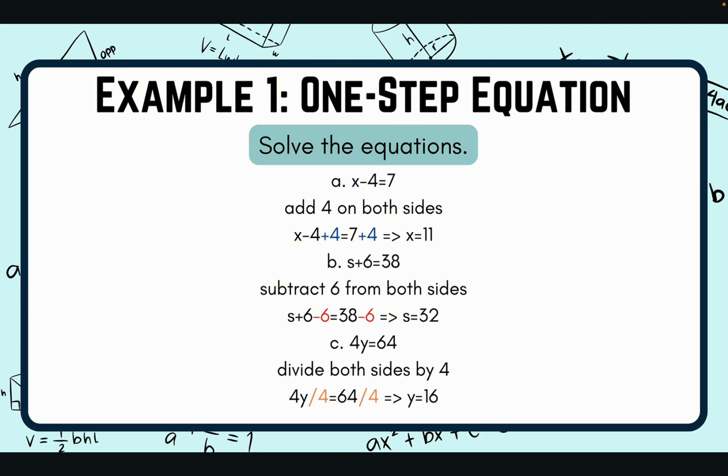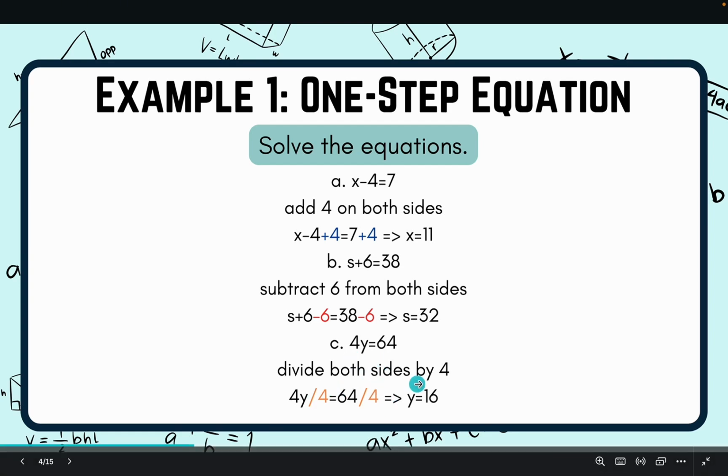So if it's subtraction, you use addition. If it's addition, you use subtraction. If there's multiplication, you use division. If there's division, you use multiplication. So for this one, you just divide both sides by 4, which becomes y equals 16.